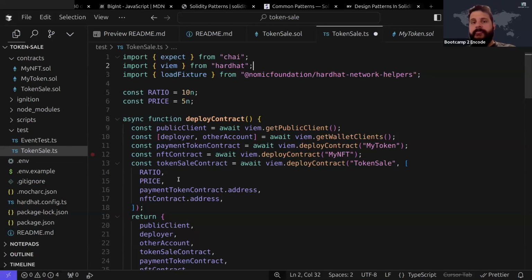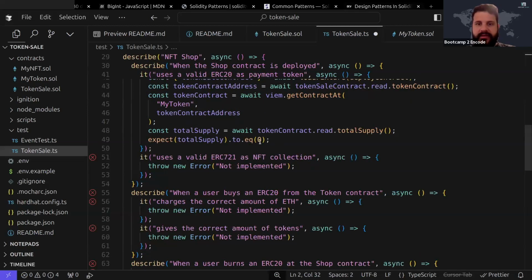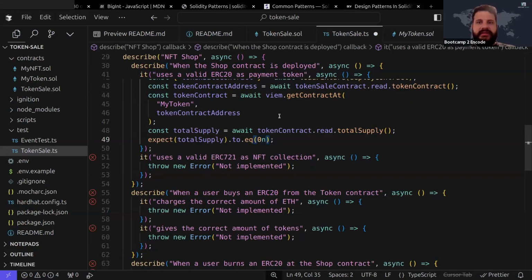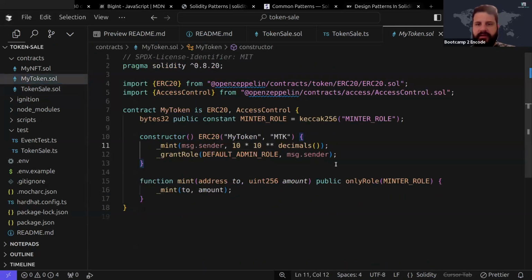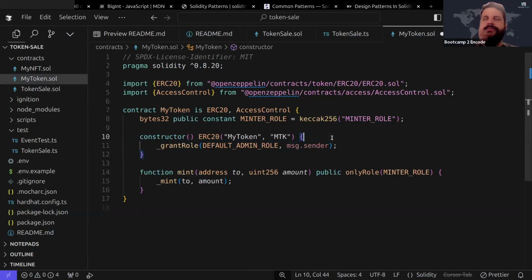Actually, let's make a little adjustment to our smart contract. Okay. Let's remove this initial mint here on line 11. I could check it, but I just need to import parseEther, which we're going to do later. Let's not get ahead of ourselves.